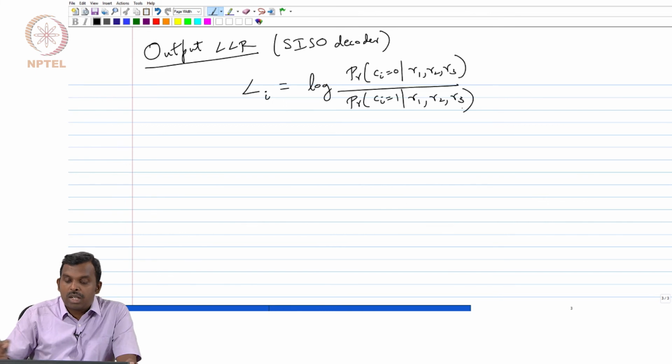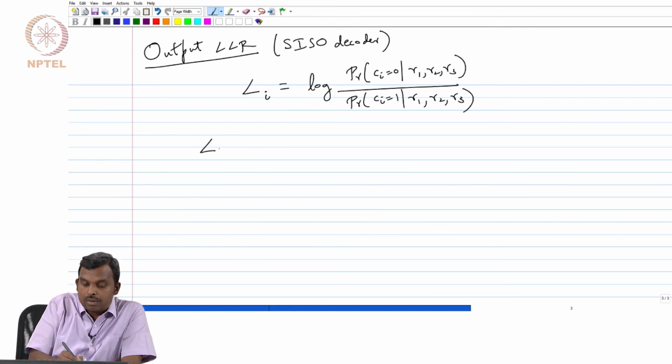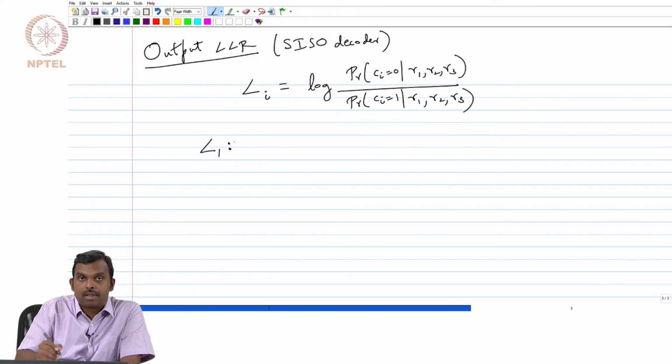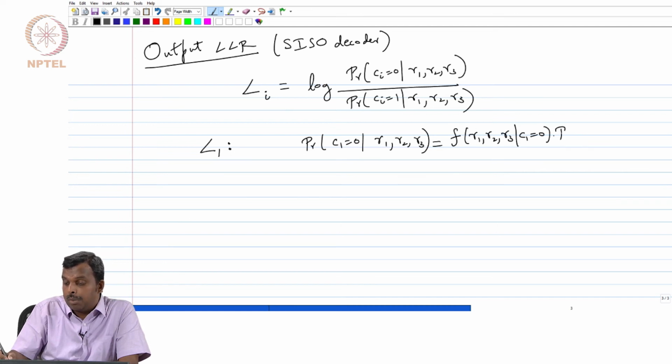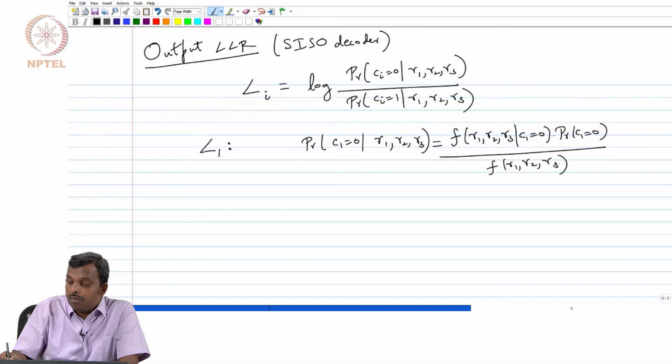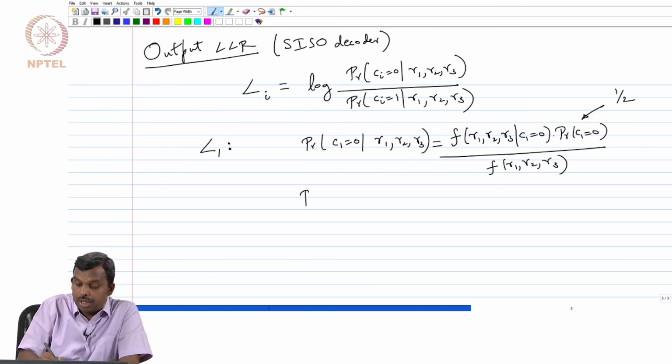So I am going to compute L1 first. You will see the computation of L1 is quite simple. Everything starts once again with probability of C1 equals 0 given R1, R2, R3. You will notice once again using Bayes' rule that this is the joint density given C1 is 0 times the probability of C1 is 0 divided by the overall joint density. So once again this is the 1/2 equal probability assumption.